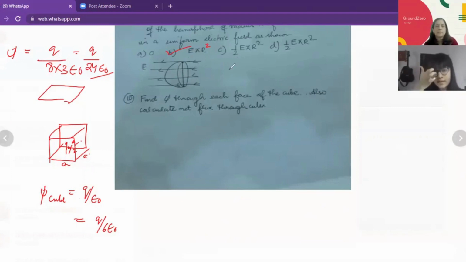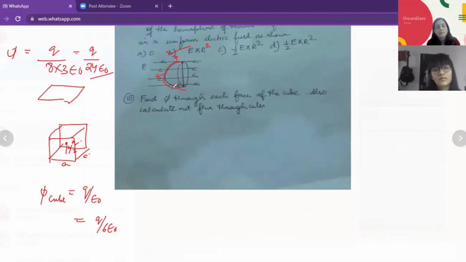Ma'am, the angle between the area vector and the electric field lines is 180 degrees. How did you say it's 180 degrees? Because this is a curved surface, right? So at each point you'll find the angle is different.